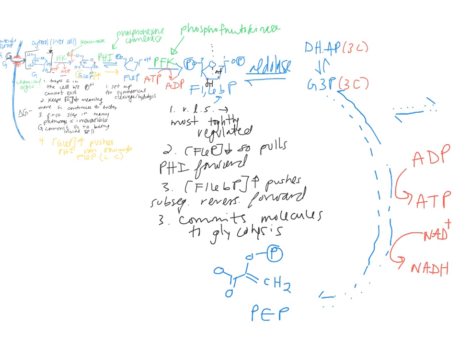This is a high energy molecule, that's a CH2. Okay, so this is the last irreversible, and it's catalyzed by pyruvate kinase. And we get pyruvate out of it. Sorry, there's a negative right there.